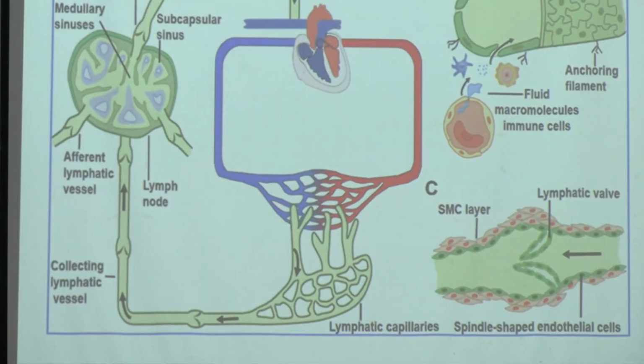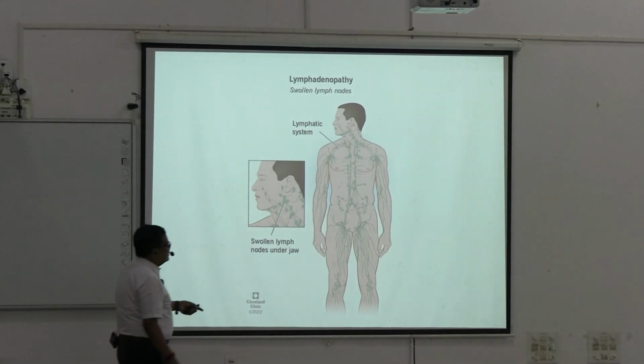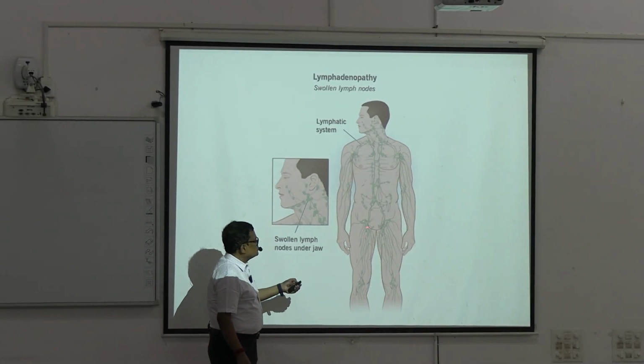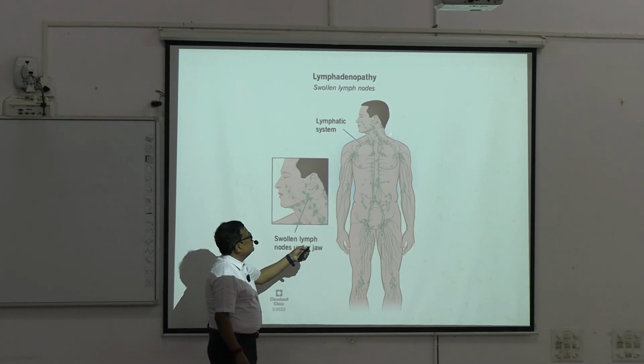Now with this introduction, before going to the lymphatic drainage of the superior extremity, you know, these are the lymphatic ducts and these are the lymph nodes: inguinal lymph nodes, axillary lymph nodes, para-aortic lymph nodes, subclavian lymph nodes.